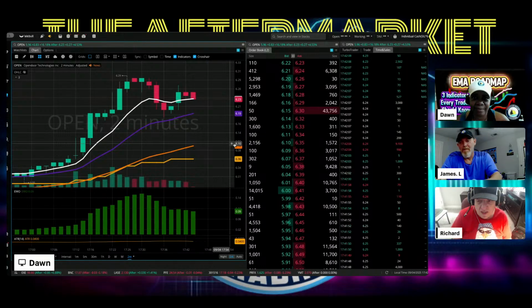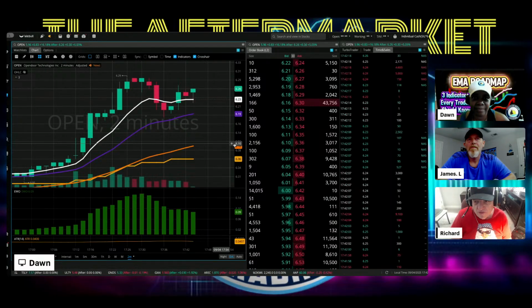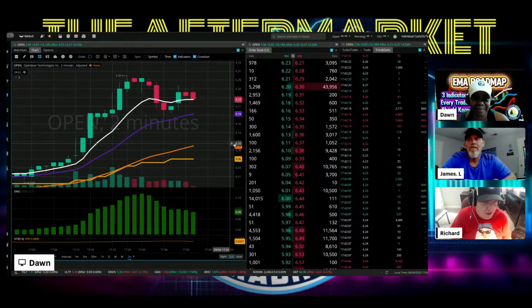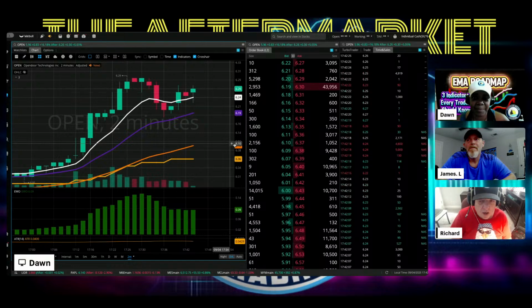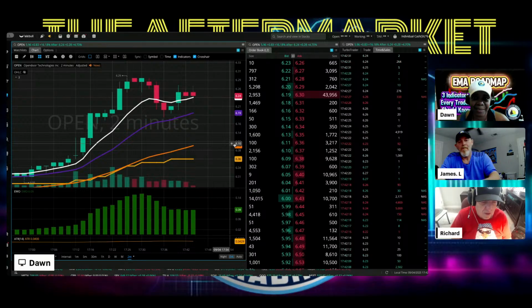It creates a thickness. When you see lines like the 9 and the 21, you can't see what orders are above or below it. It's just the action of the candles that will tell you. But the 3 strong lines are, James, do you want to go ahead and give a guess as to the 3? You probably know.